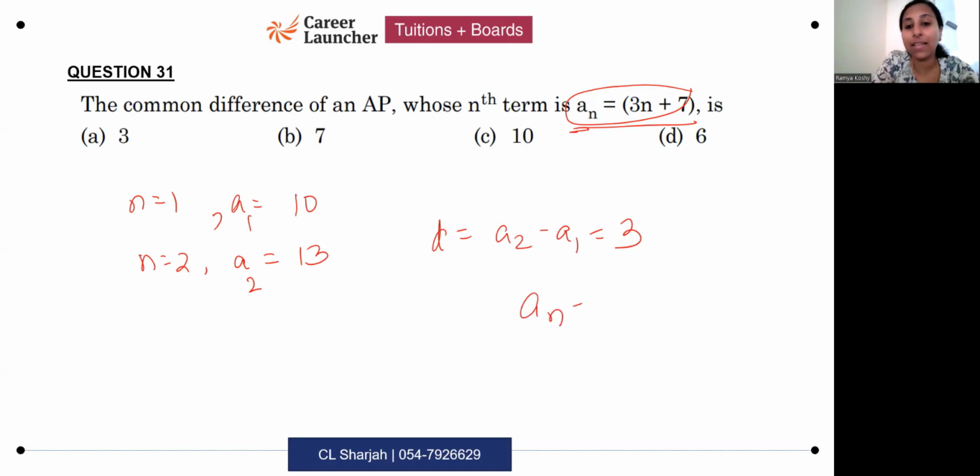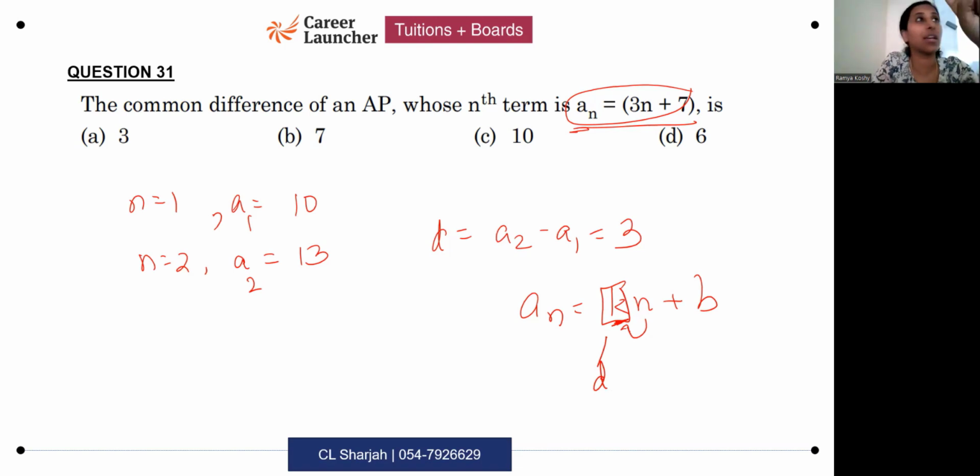Whenever you have nth term in the form, this is not taught to you in school, but it is a logical thing. Whenever you have An given in the form of kn plus b, whatever is the coefficient of n, that only will be the common difference.